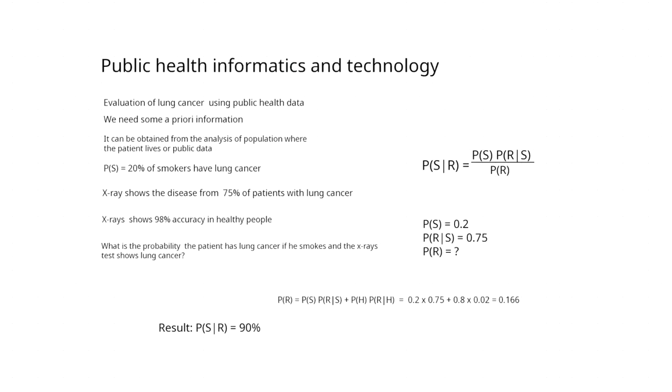Now, no matter what we do in healthcare informatics, we need some a priori data. Doctors, for instance, before just looking at the patient, go to his or her records, trying to find out the background and other things.